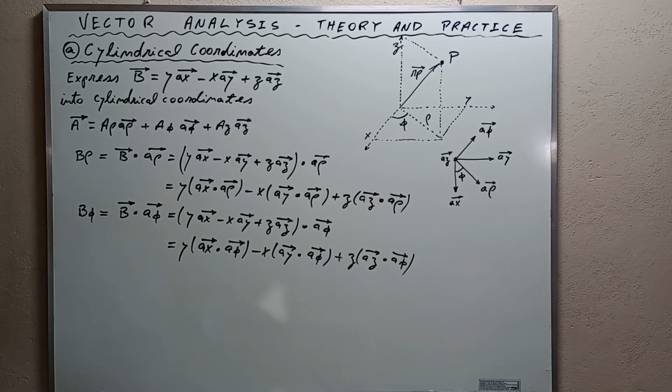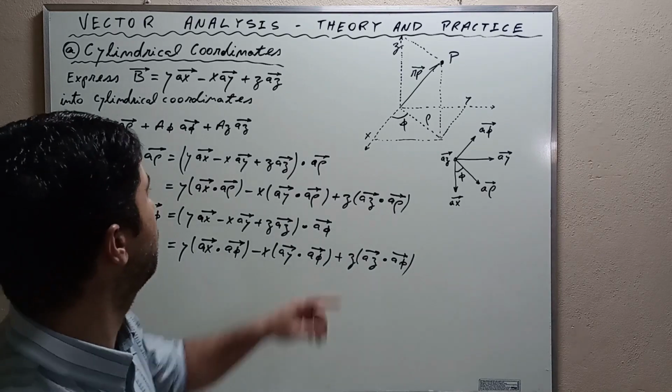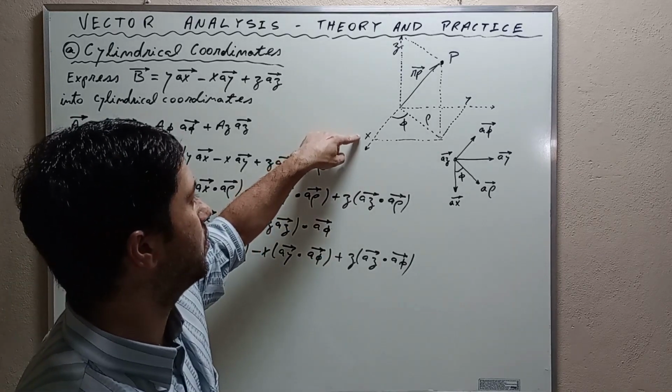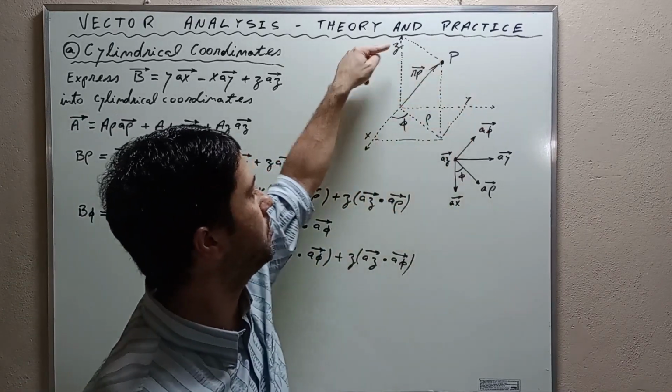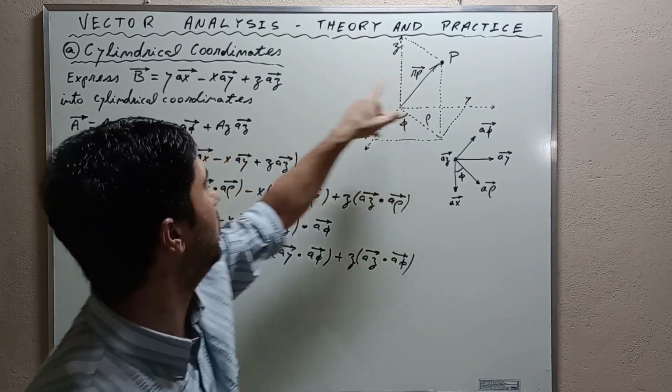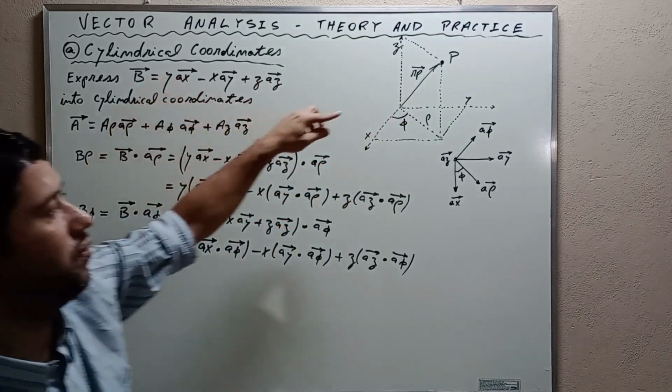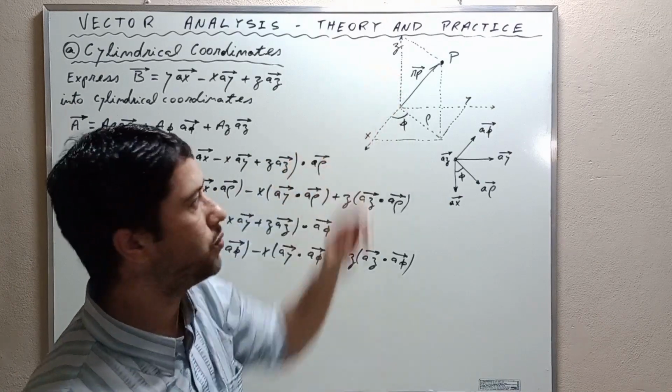Okay, you can express vector Vp from the origin to P using Cartesian coordinates and cylindrical coordinates. Using Cartesian coordinates, we have x, y, and z. Okay, Rp is not B. Okay, this is just for example.